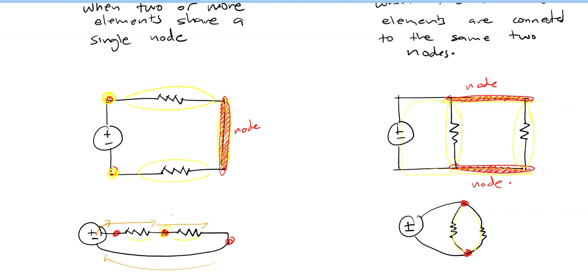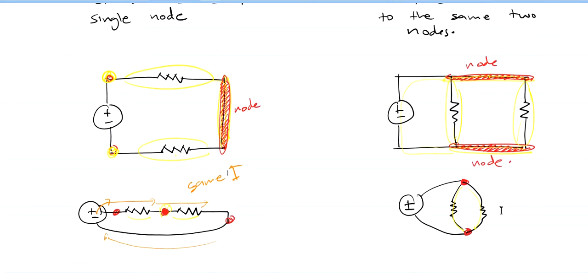So that's why a series connection has the same current, same I. In terms of parallel connections, the voltage potential across this branch right here is the same as the potential across this branch. So same voltage.